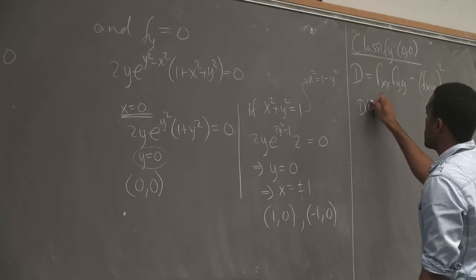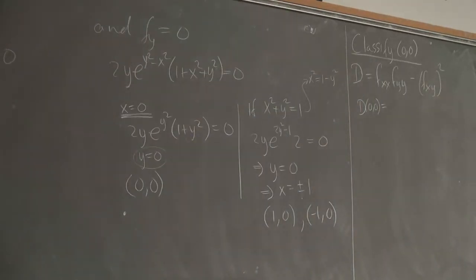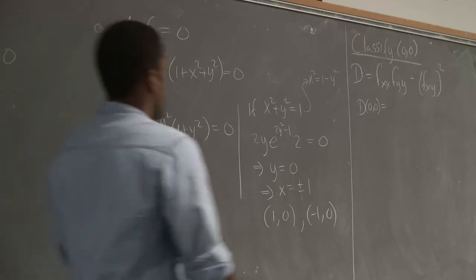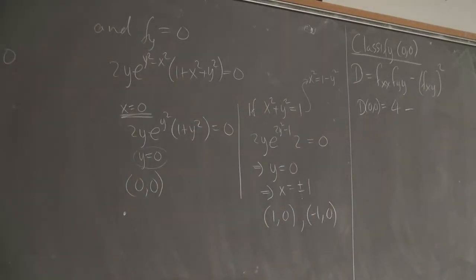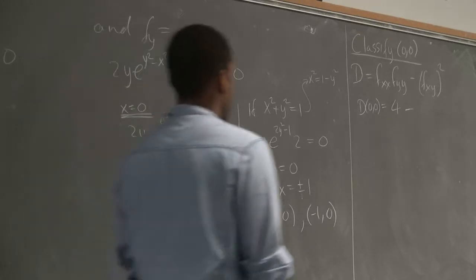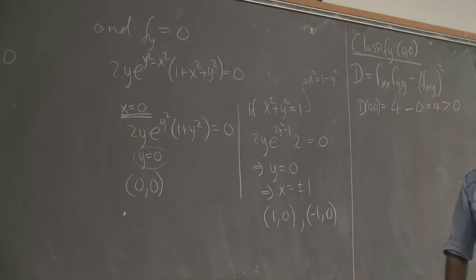So D of (0, 0) is equal to? If I plug in 0 here, I get 2. Plug in 0 here, I also get 2. So that's 4. And then if I plug in 0 here, minus 0. So it's actually 4. I'm telling you, it's a superpower.